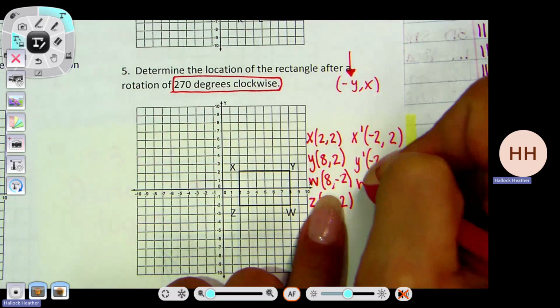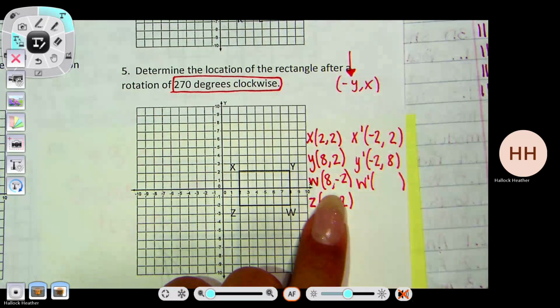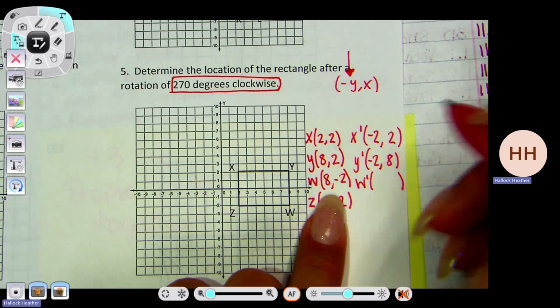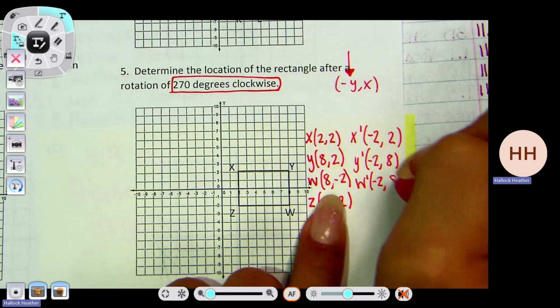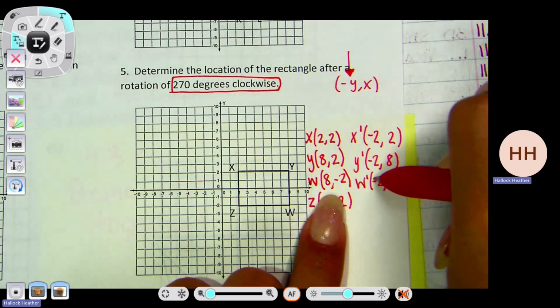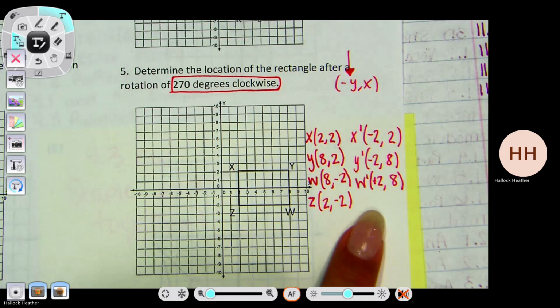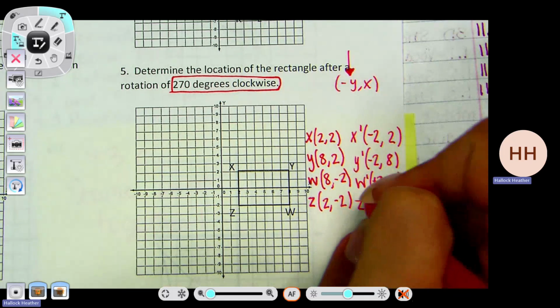What about w? Positive 2, 8, because if I flip it, it's technically negative 2, 8, but I have to change that front symbol so it turns positive. I'm going to make a plus sign so you can see I changed it. It was negative, it turned positive. And then what about the last one? 2, 2.